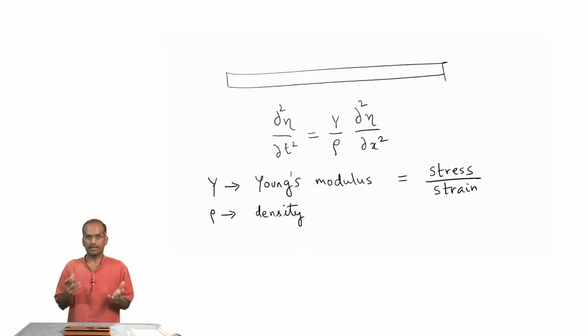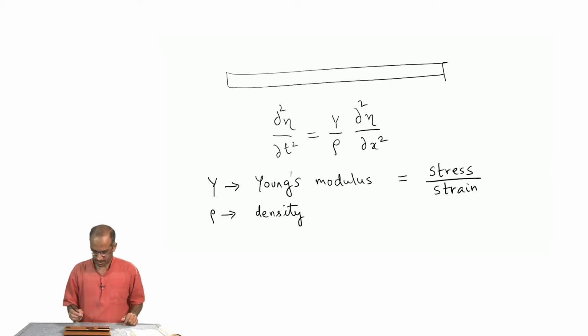So, that is the correct elastic property that should be used in the case of a solid, and more correctly in the case of a solid in the form of a rod or something similar, where one of the dimensions is much smaller than the others. Once we have made this modification, immediately we can write out the velocity of sound in a solid as c squared is Y by rho.